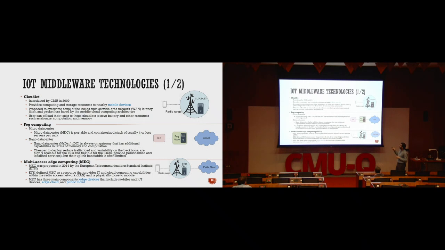The idea was to have low latency by putting the resources close to the underlying mobile users. So this is entirely for mobile users, and what you would get is low latency because the resources are close to you instead of accessing the traditional cloud over the internet. So this was the concept of cloudlet, and it was introduced by CMU.